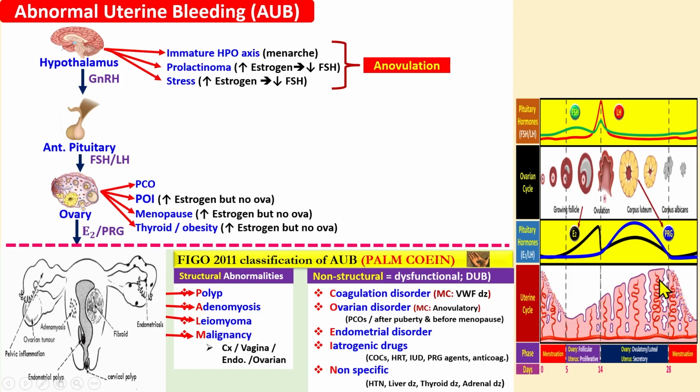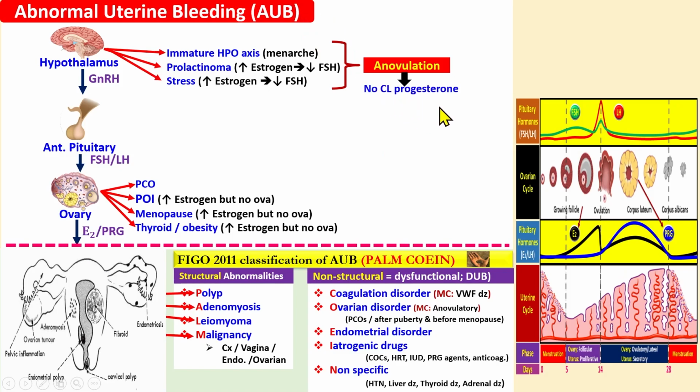Progesterone, as you can see here, comes from the corpus luteum, which increases the progesterone level, and progesterone withdrawal causes the regular, planned menstruation. If there is no ovulation, meaning no corpus luteum, so no progesterone, it will cause irregular bleeding. Okay, the same mechanism is summarized here.